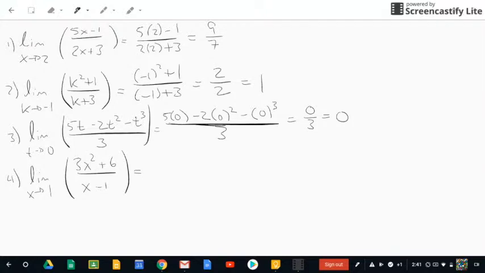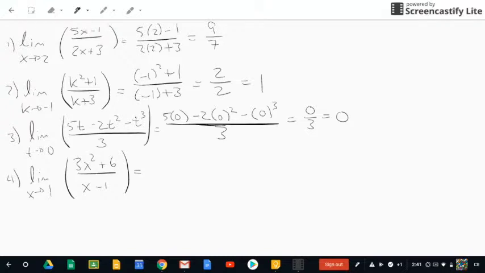But compare that to the next one here. If you take the limit as x approaches 1 of (3x squared plus 6) over (x minus 1), notice our non-permissible value here is when x is equal to 1. So we do run into a little bit of an issue here, but I want to show you how you resolve this one.